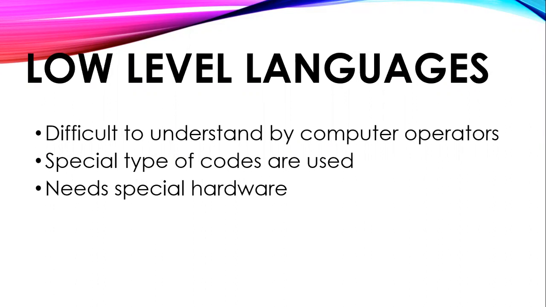It means low-level languages have different versions, and these different versions can only be operated through different types of computers. A computer has its own low-level language. One low-level language cannot be used on multiple computers.